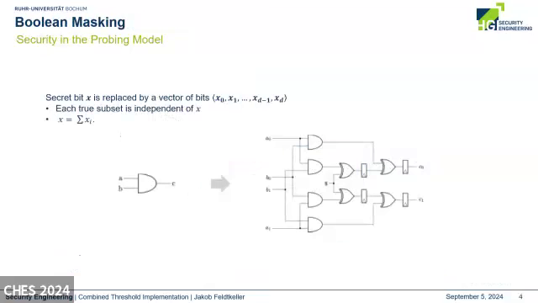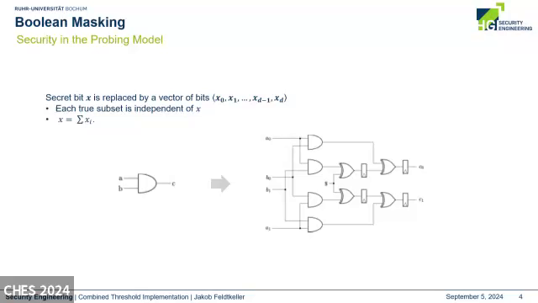So to protect against this, we usually use Boolean masking, or masking in general, and one form that I will talk about is Boolean masking. Probably most of you know this. Let me shortly recap it nevertheless. Here we assume that we have a secret Boolean value, x, and we replace this by a vector of different Boolean values, such that any true subset of those values, which we call shares, is independent of the secret.